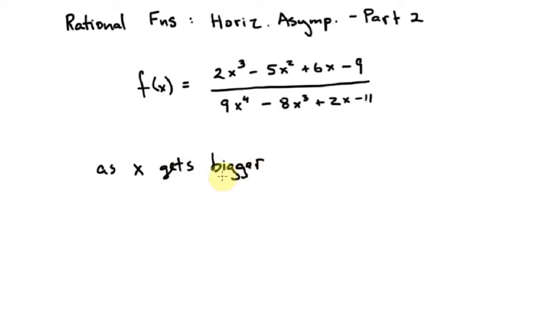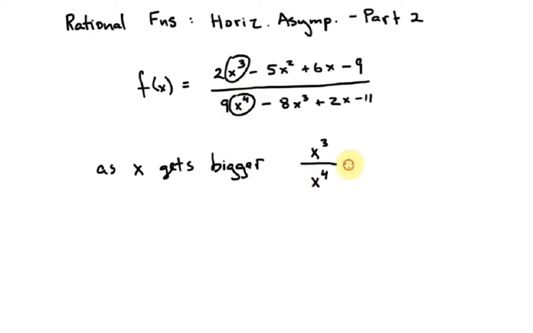Okay? So as x gets bigger, what's going to dominate here is this guy on the top. The 2 doesn't make that big of a change, and all these other terms are so small compared to x cubed that's what dominates on the top. And when you look at the bottom, this is the one that's going to dominate on the bottom.